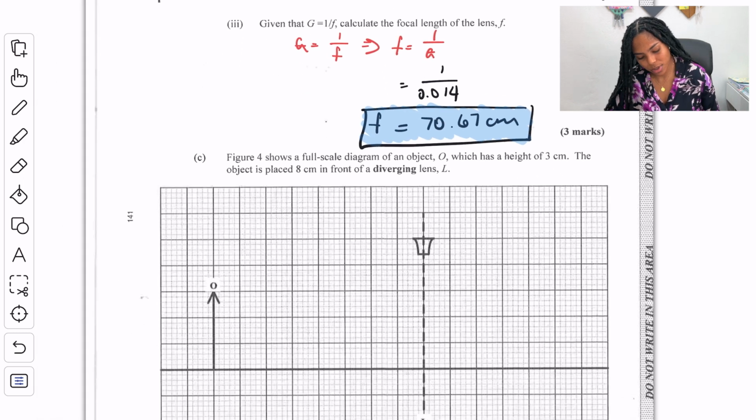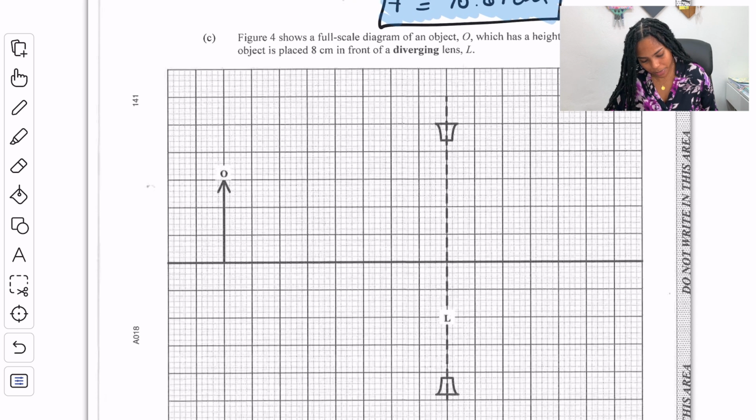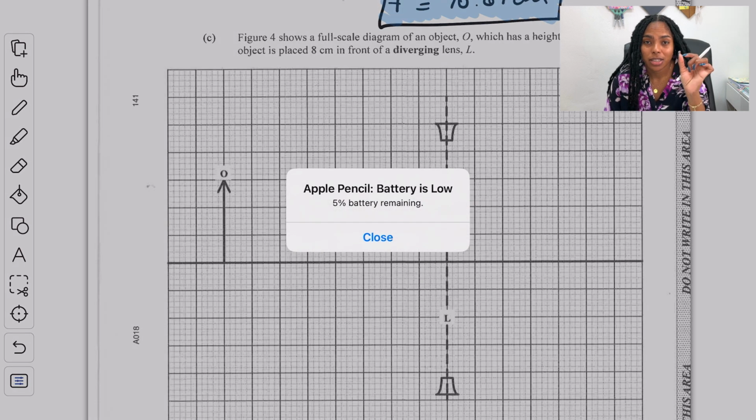Now this one is a little bit tricky because this is one that we don't do much of. So we have figure 4 shows the full scale diagram of an object O, which has a height of 3 centimeters, and because it's a scale diagram, you can see it's 3 centimeters in height, or 3 units in height, and the object is placed 8 centimeters in front of a diverging lens L. So here's why it's tricky, because it's a diverging lens and we really always pay much more attention to converging lens.